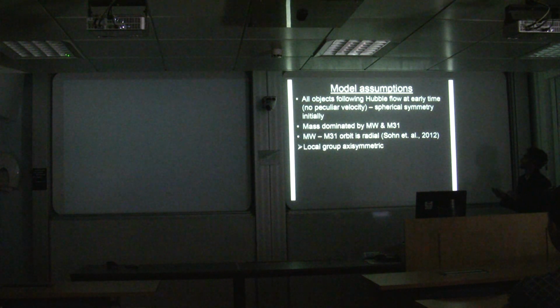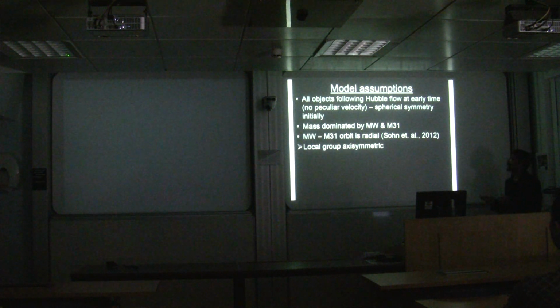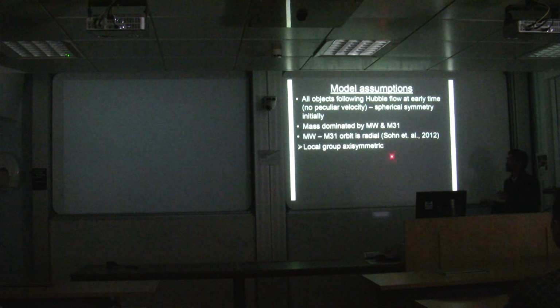And therefore, it's strictly symmetric initially. At later times, we're going to assume the mass in the local group is dominated by the Milky Way and Andromeda. They're known to be on an almost radial orbit, which means that the local group is essentially axisymmetric. Both the initial conditions and the governing equations are axisymmetric.